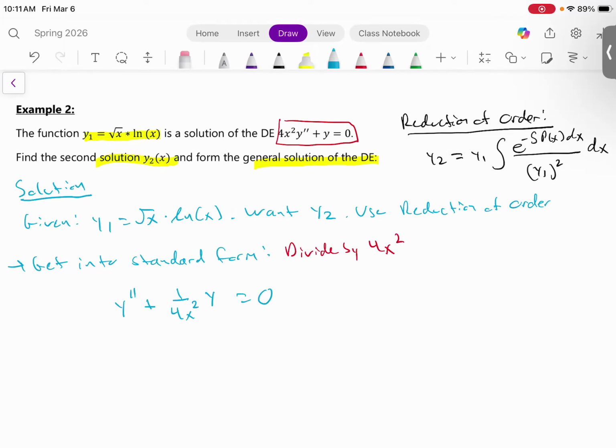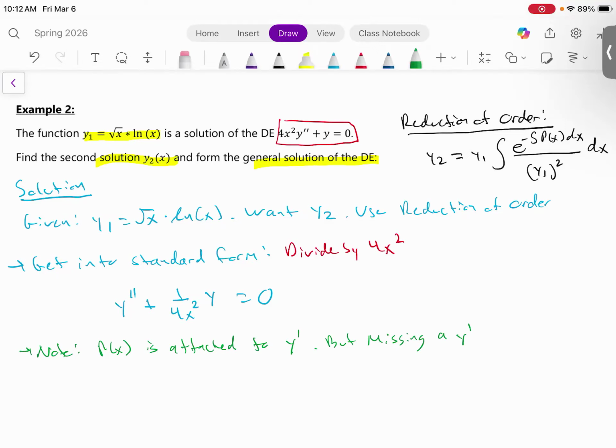Okay, so we have a bit of an issue here in that our p of x is always attached to our first derivative. It's always attached to a y prime, but I'm missing a y prime here.